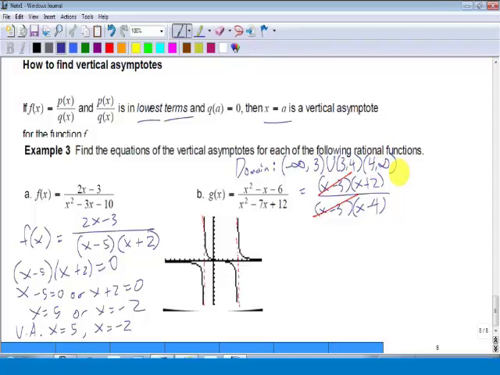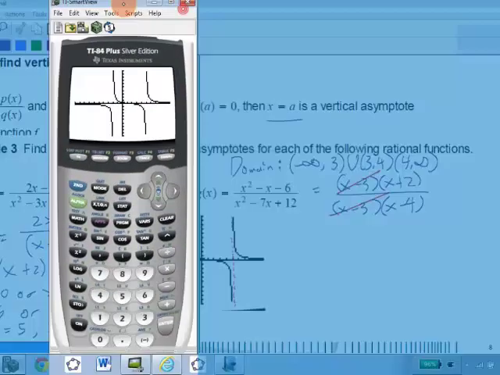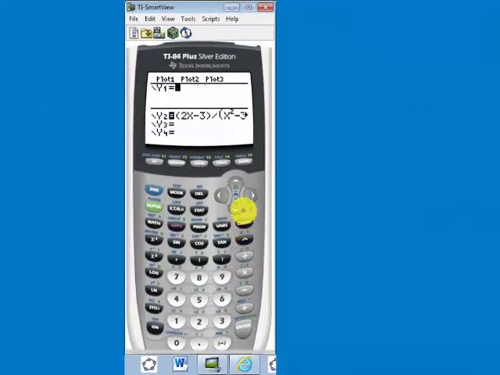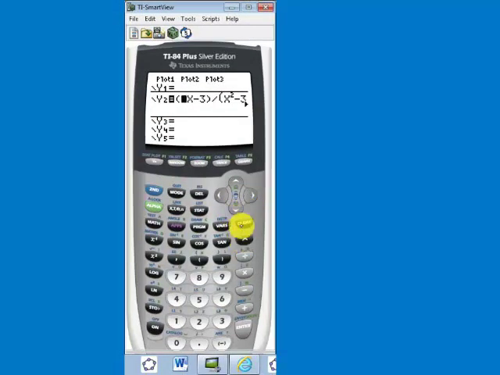But if you're looking for vertical asymptotes, a number that makes the denominator 0 like 3 may not produce a vertical asymptote if it also makes the numerator equal to 0. If we graph this, we should be able to tell. I'm going to graph the original version here.